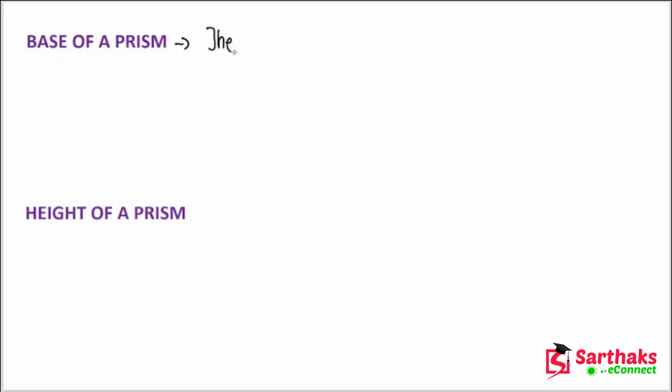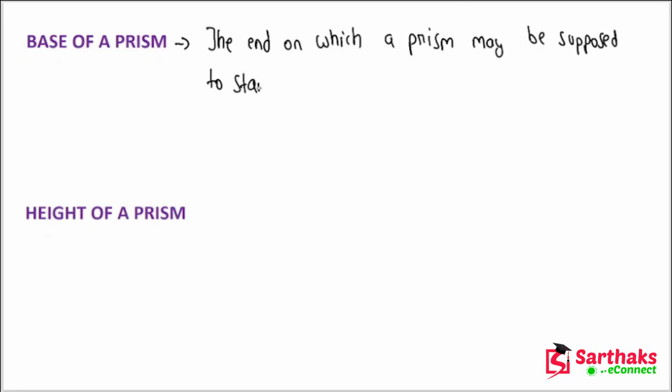The end on which a prism may be supposed to stand is called the base of the prism.